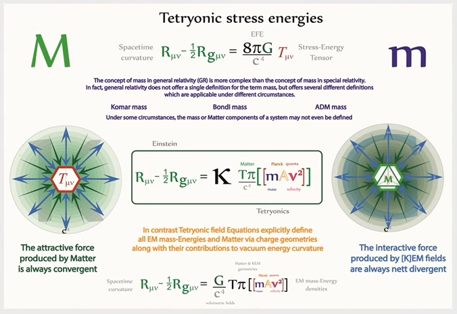Again, by revealing the difference between mass and matter, we can begin to break up Einstein's formulation of general relativity using tetraionic geometries. We first do so by simply replacing the stress energy tensor by the tetraionic energy formulation for mass, angular momenta, quanta, or mass velocity squared, as you can see there.